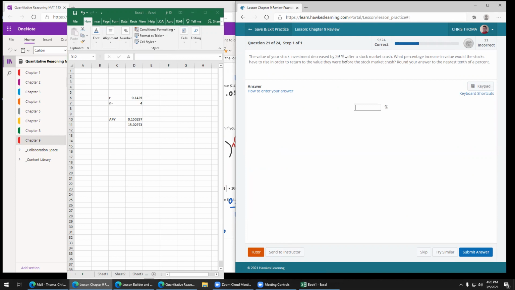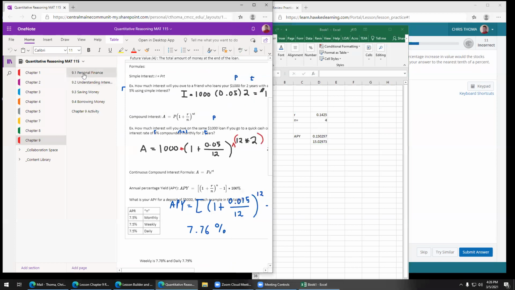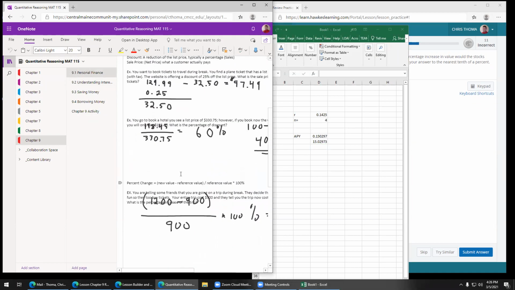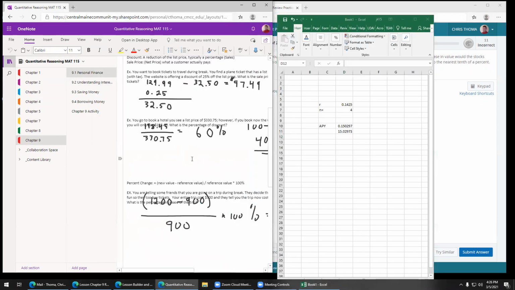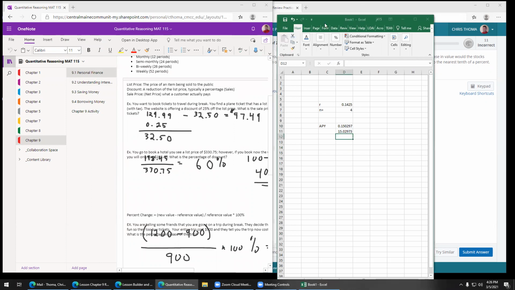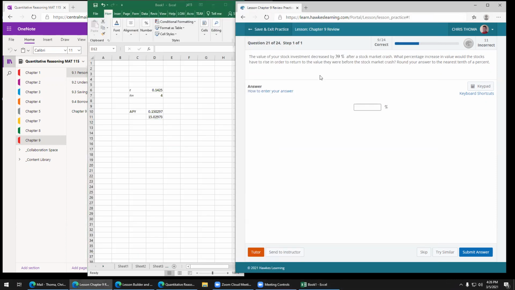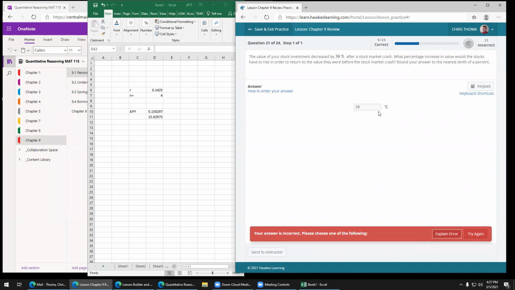The value of stock invested decreased by 39% after the stock market crash. What percent increase is needed? So if we go to personal finance, we've done this problem before in chapter 4, so I'm not going to do it, but just to remind you, percent change is new minus reference divided by reference times 100, right? So they already give us the decrease. So what do they want us to do here? All right, so that wasn't as easy as I thought.